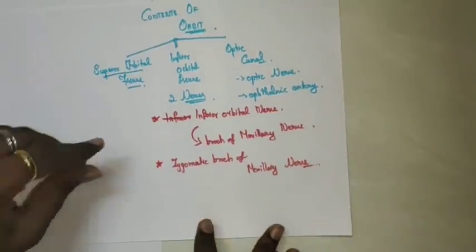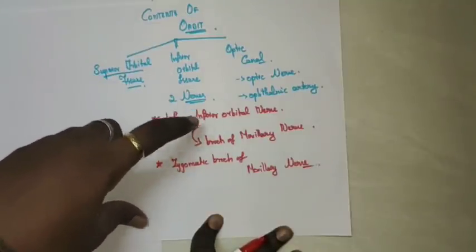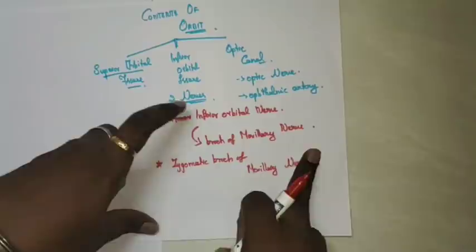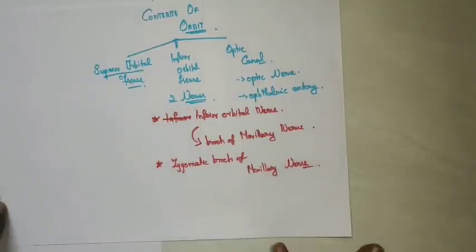So the two important nerves of the inferior orbital fissure are the infraorbital nerve and the zygomatic branch of the maxillary nerve. Both are branches from the maxillary nerve.